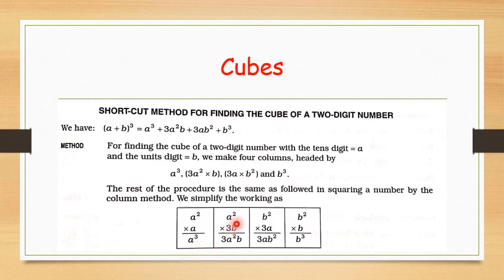In the second, we multiply by 3b, then 3a, then b. कैसे remember कर सकते हैं? That is 3b, 3a and b, and a square, b square. It is only a way to remember, but actually we have to remember only these things: the first column is headed by a cube, the second by 3a square b, the third by 3ab square, and the fourth by b cube. Okay.